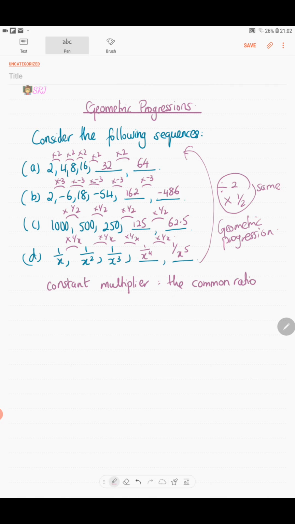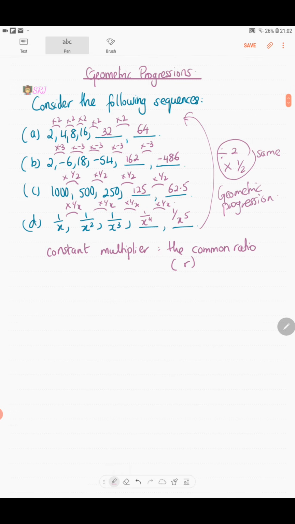And the common ratio is denoted by the letter R. And just as for arithmetic progressions, we denote the first term by A. First term A. So a geometric progression is a sequence whereby each term is preceded by a constant multiplying factor.